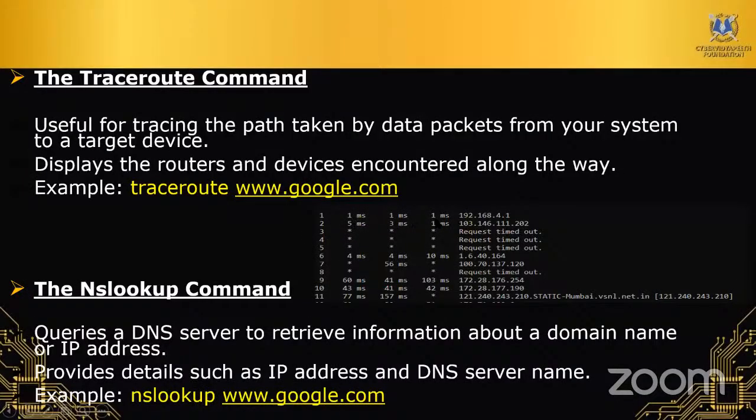So first we sent a packet and then we got a packet received from this IP, and again we got another packet from this IP, and then we got no response from another three routers.